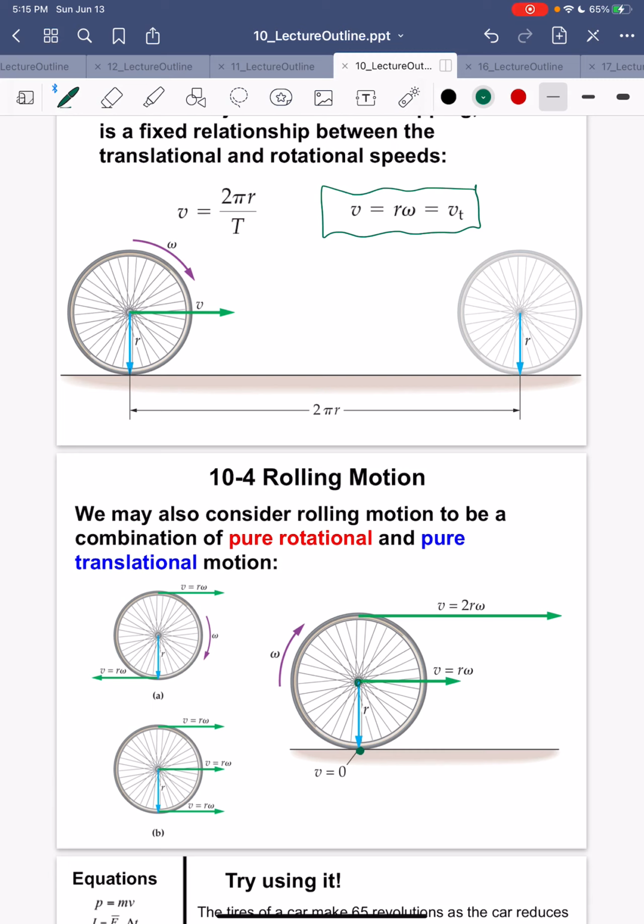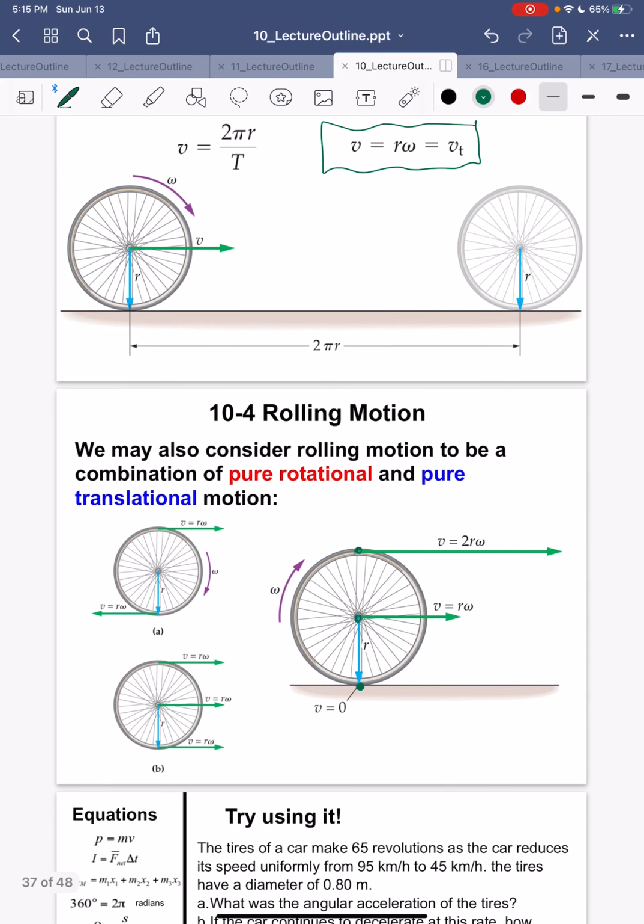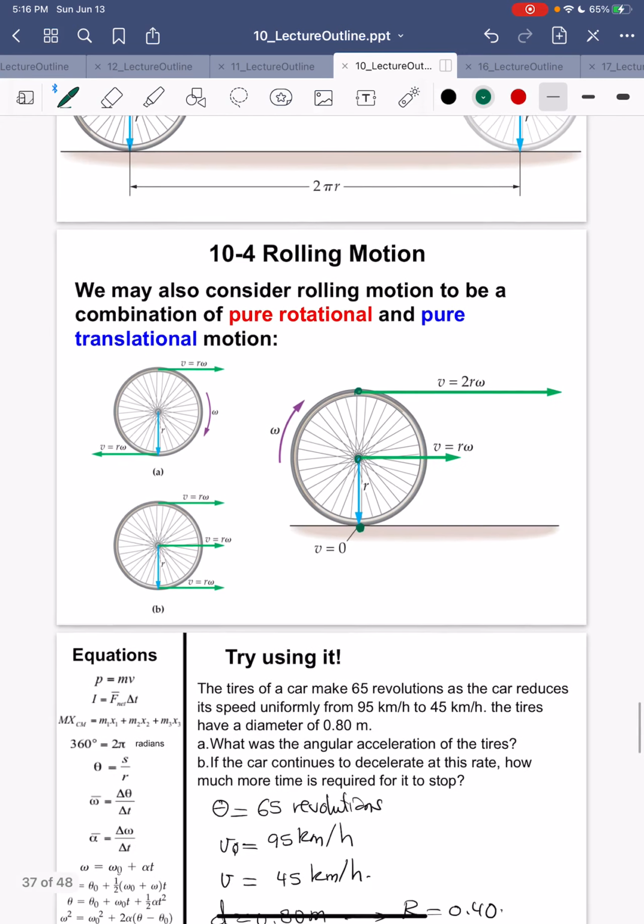This one here is going to move with R omega plus 0, then it's going to be R omega. And this one here is going to move with R omega plus R omega, which is going to be 2R omega, which means as if instantaneously the object always is rotating about this axis here. And of course, as you go away from the axis, you will have more speed depending on your radius.